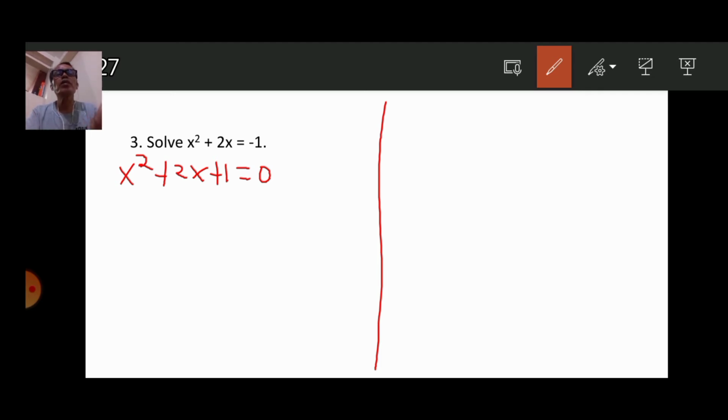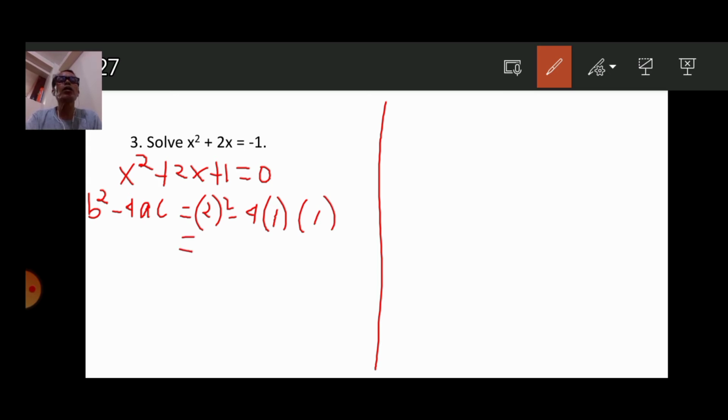So the discriminant, b squared minus 4ac equals, b is 2, quantity squared, minus 4, a is 1, and c is 1.